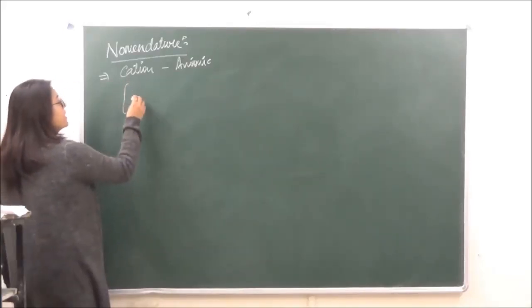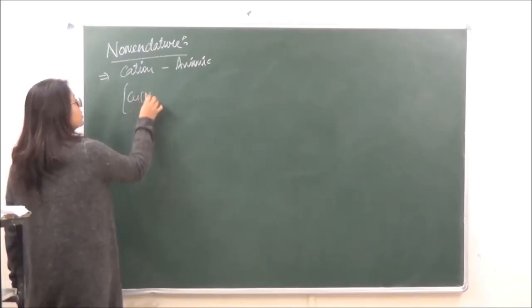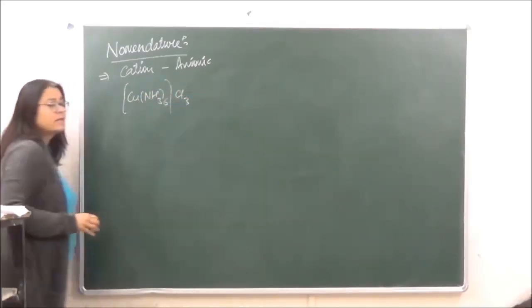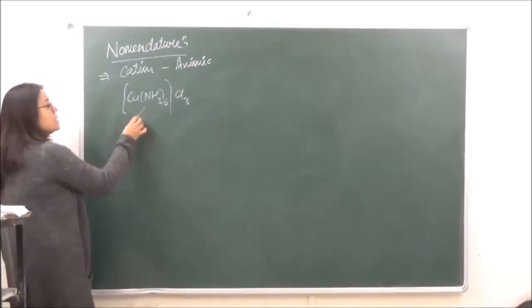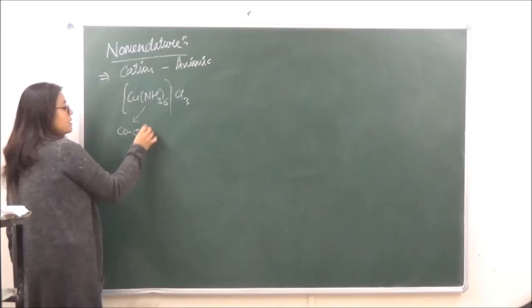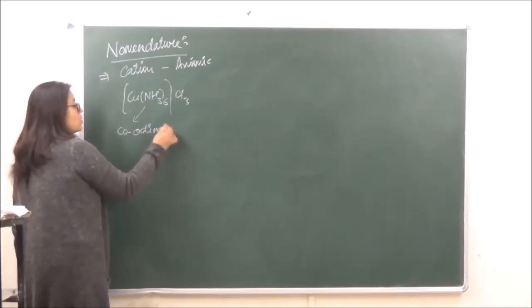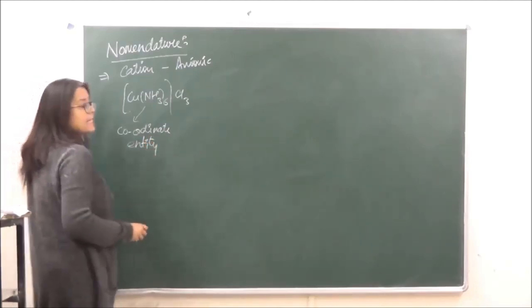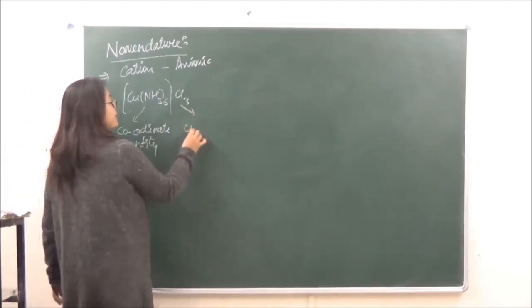So if you are taking a very simple example over here, let's first understand what a counter ion is. Over here, this is going to be the coordinate entity. We studied this yesterday. This is the coordinate entity, and this is going to be the counter ion.